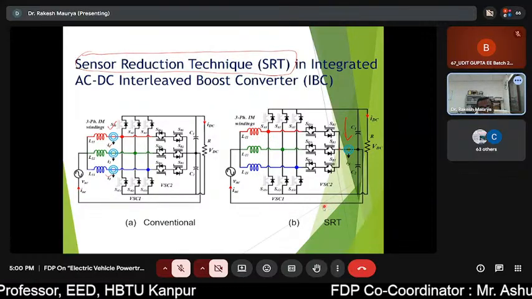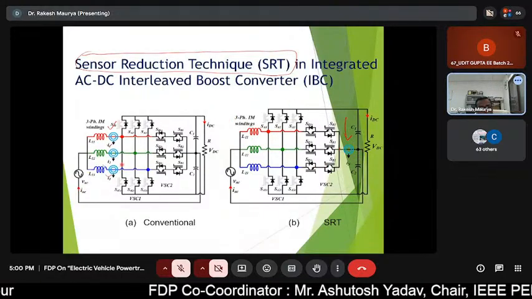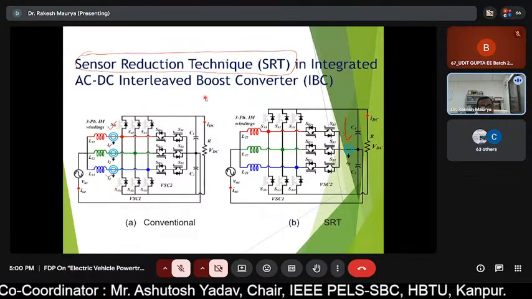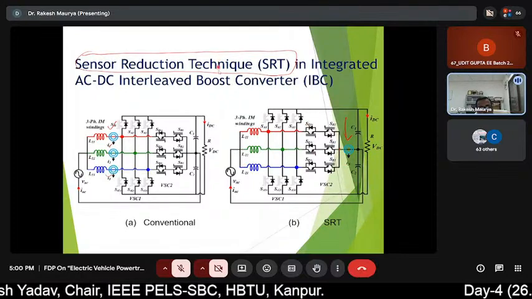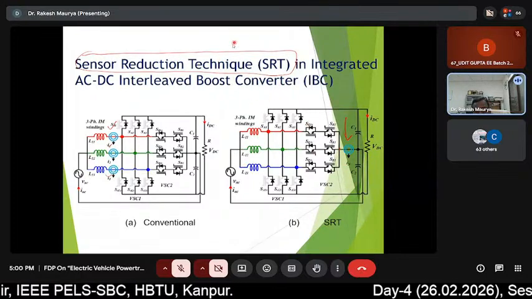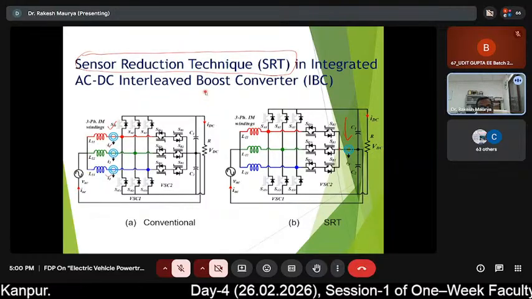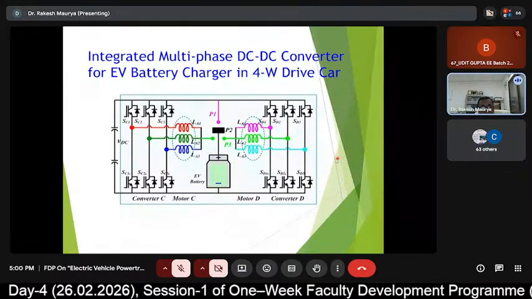There is a technique, and the published paper is available, and here you can make this optimization. So with the same concept, same converter, same topology, we can use the sensor reduction technique to improve the cost. It means you can reduce the cost of the system by reducing the sensors.